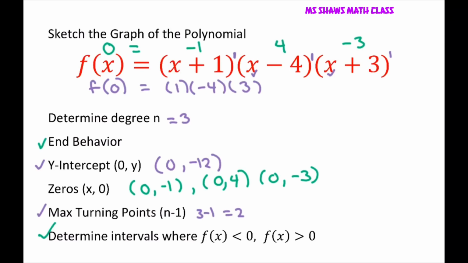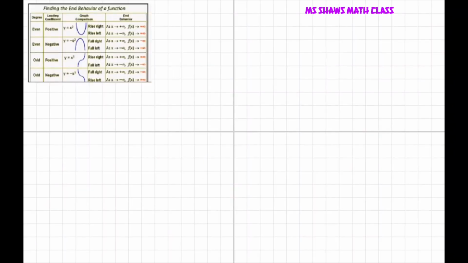And notice that our degree is 3, which is an odd number, and this is positive. So let's discuss end behavior. Our degree is 3 and it's positive, so our graph is going to have the form of y equals x cubed, something like this.